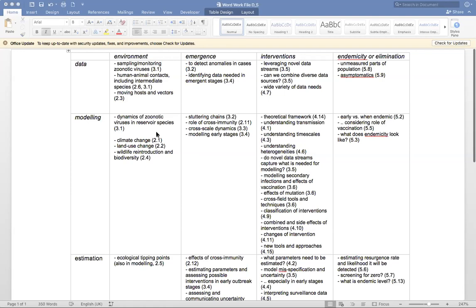Okay. So the case for the defense or opposition is that possibly this thing here, 3.1, the dynamics of zoonotic viruses in reservoir species, maybe the ecology livestock interactions is the next thing along from that, isn't it? Sort of follows.